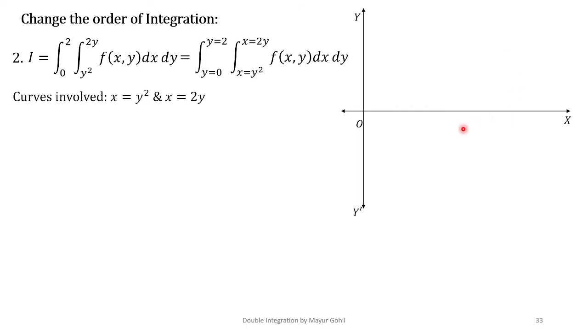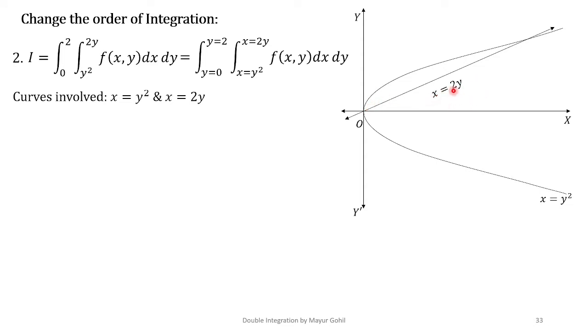So let us draw them on the x-axis and y-axis. So I have drawn here, and now I'll draw the curve x equals y square. This is how the curve will look like. Now when I draw the line x equals 2y, how will it look like? It will be a slanted line passing through the origin.